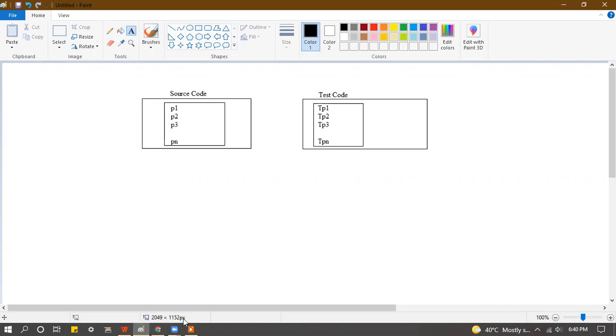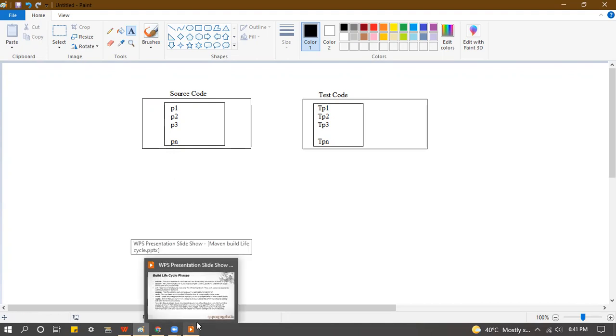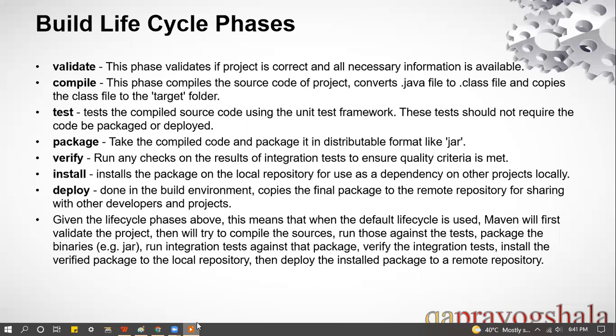So in the compile phase, it will compile the source code. It will compile all these files and convert the .java file into a .class file. It will generate the .class file out of the .java file and move those files to the target folder.